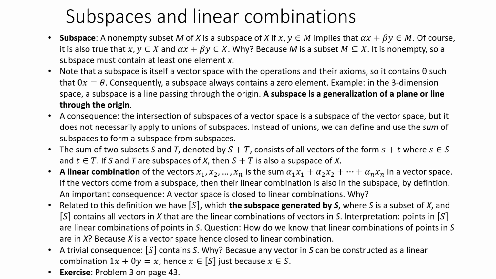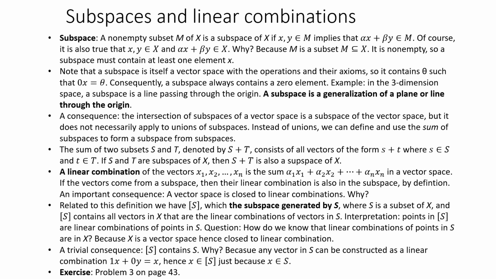The subspace generated by S contains all vectors in the vector space that are linear combinations of the vectors in S. So points in the subspace generated by S are linear combinations of points in S. S is a subset of a linear space, so we have vectors in S. If we create the linear combinations of these vectors in S, we will have a set which is called the subspace generated by S, and it contains all the linear combinations of the vectors in S.